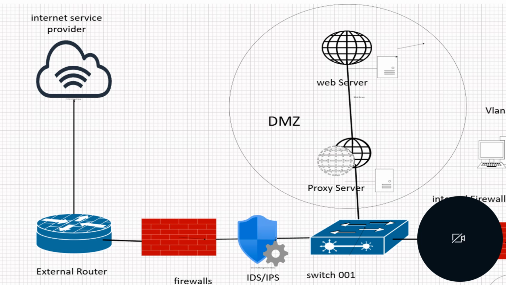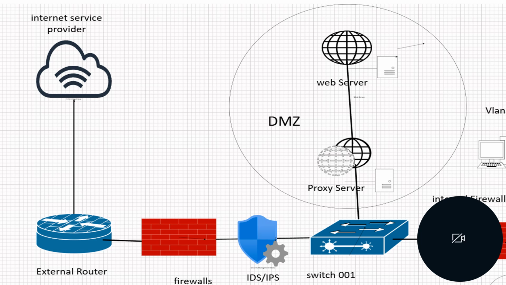What is the job of a router? A router is a device which joins two networks together. That's why I put a router: one network is the ISP and one network is our network, and we join them with the router.